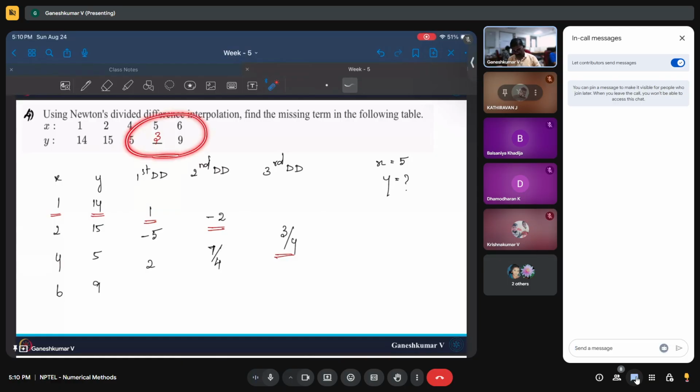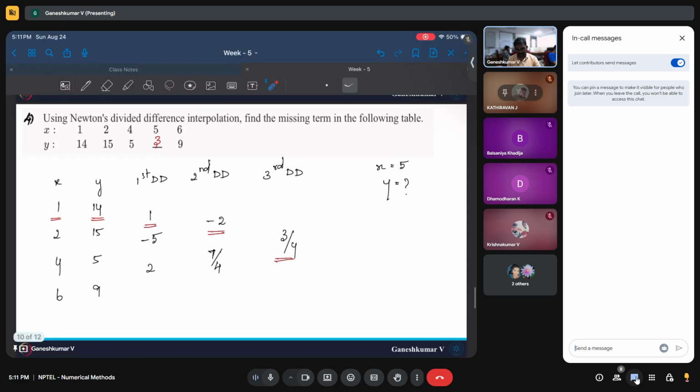So between 5 and 6 something is happening. Either it has a 0, or it can also have a local minima, which means the function can reach a minimum value of, let's say, 2 and then rise up. That can also happen.